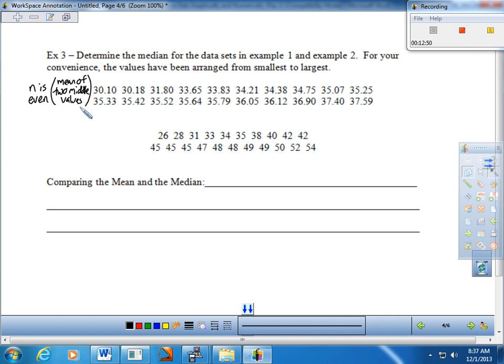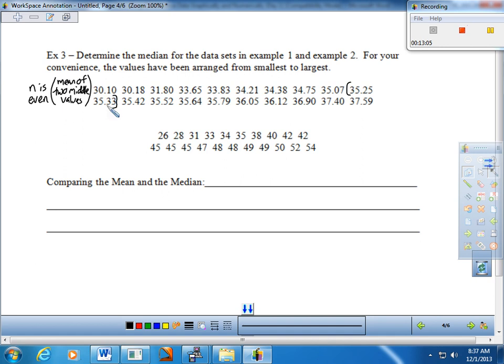Again, if you work your way inward, starting at the smallest and the largest, and just counting inward here, I believe the two middle terms would be these guys right here. Okay, so those would be the two. It looks like the 10th and 11th. And so what we want to do is go ahead and find the mean of those two values, and that essentially would be the median.